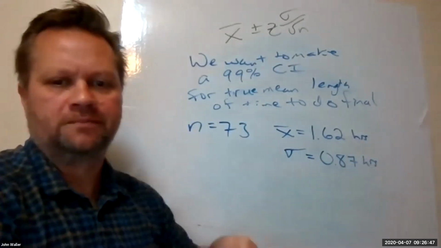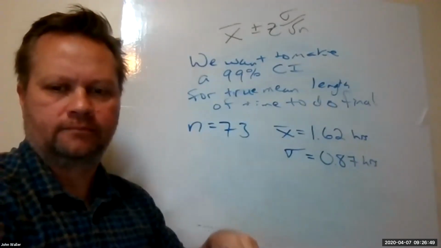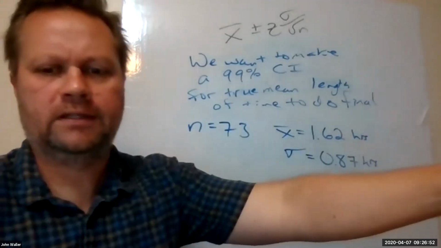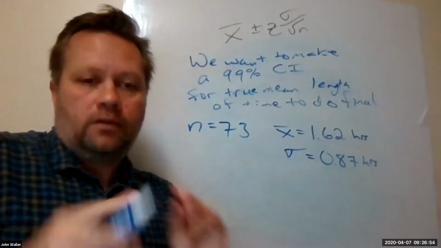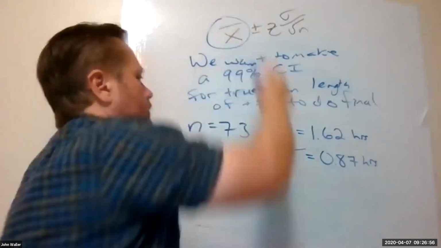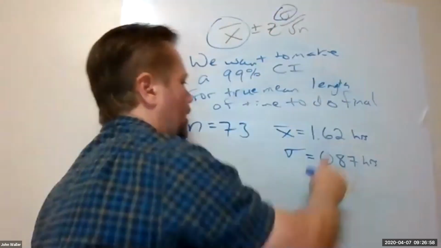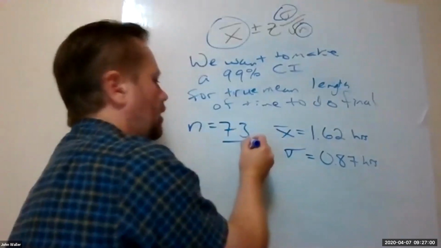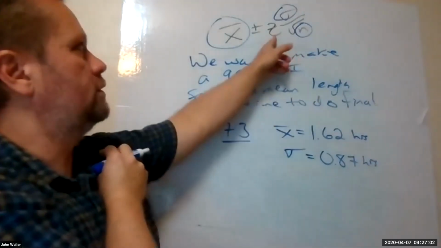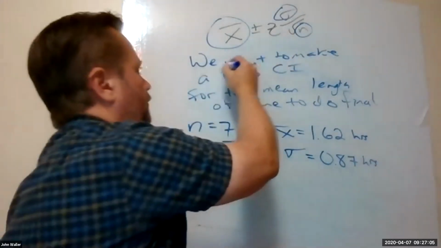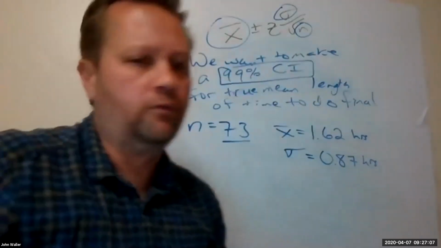That's hours, 0.87 hours. Can you see the 7? So I have this, it's right there. The only thing I don't know is that, but that's going to come from how confident I want to be.